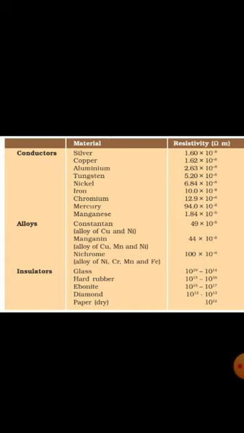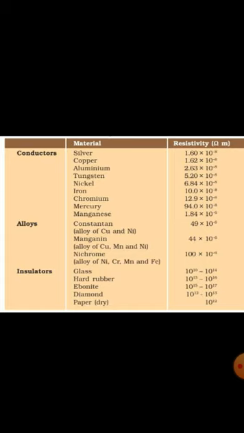If you observe, the conductors have their values of resistivity to the order of 10 power minus 8 ohm meters, and alloys have resistivity to the order of 10 power minus 6 ohm meters. Resistivity, no? So the units will be ohm meter.